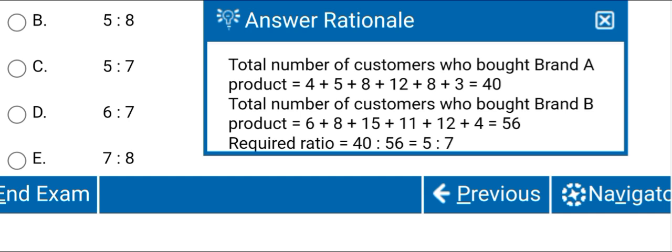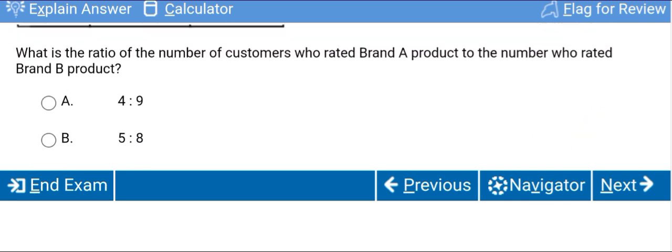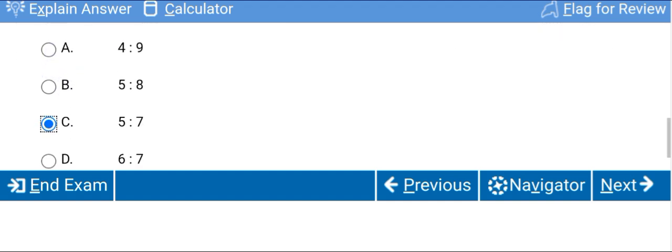So required ratio equals 40 ratio 56, which is 5:7. So the correct response is option C, that is 5:7, the ratio of the number of customers who rated brand A product to the number who rated brand B product.